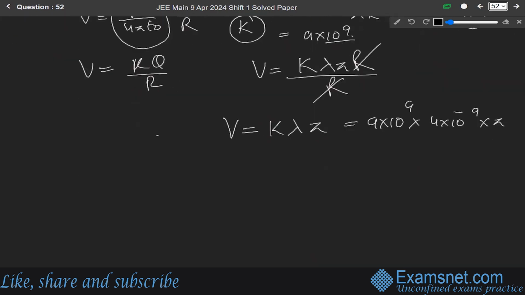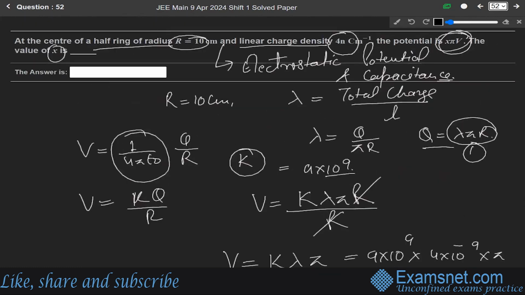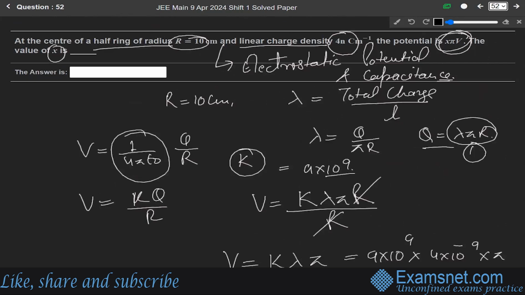So multiplying it, we get V equals to 9 fours 36 into 10 to the power 9 minus 9 into pi, this becomes 1. So we get V equals to 36 pi. So comparing it with that given in the question, x pi volt equals to 36 pi, the value of x here is 36. So this is our final answer, that the value of x as asked in the question is 36.